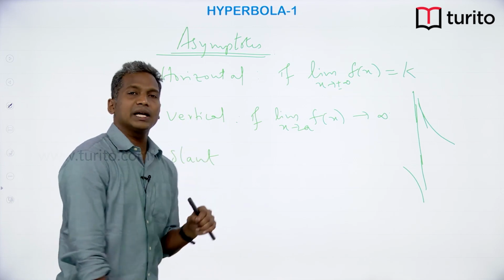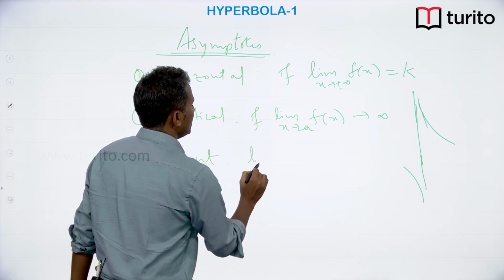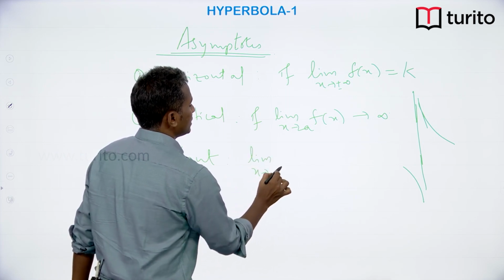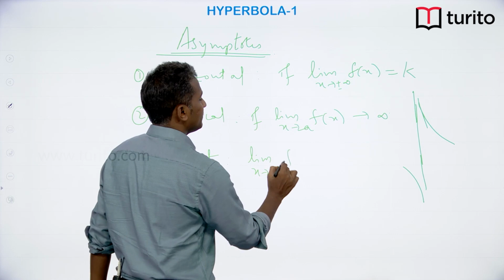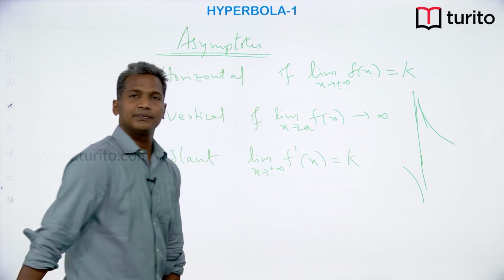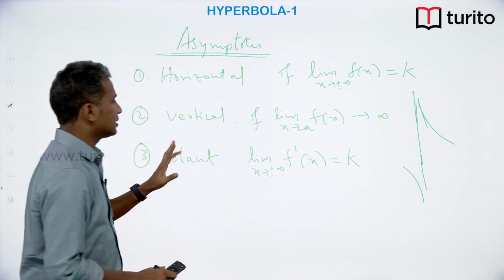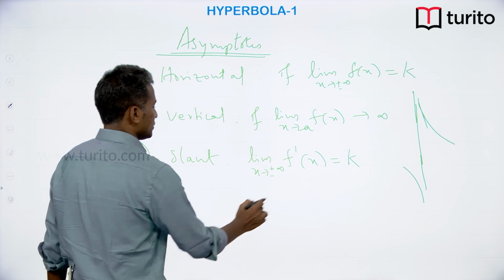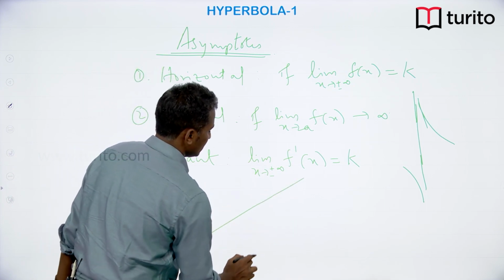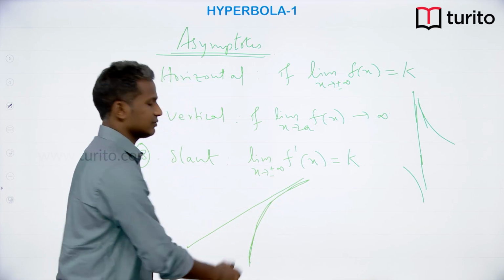Now, in the case where slant asymptotes are there, the limit as x tends to plus infinity or minus infinity, f dash x will tend to a constant. Basically the derivative will tend to a constant, that means the curve will approach a line. Suppose there is a line like this, the curve is going to approach either from above or from below depending on the situation.